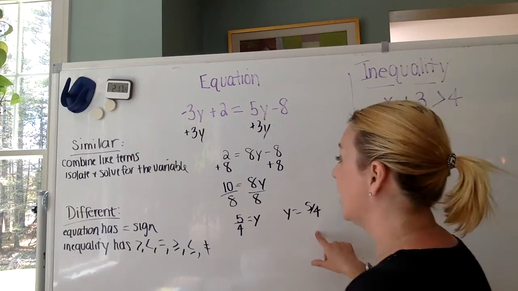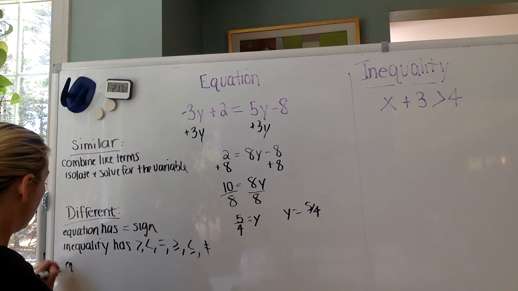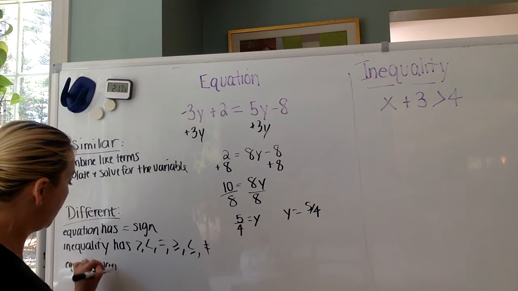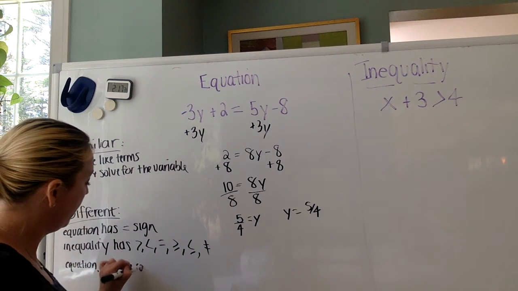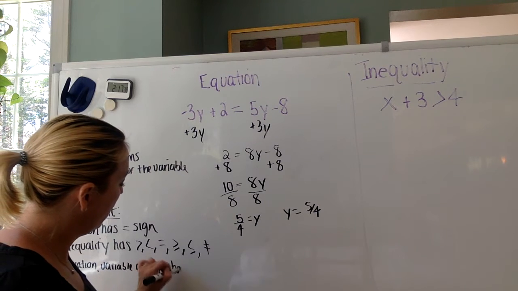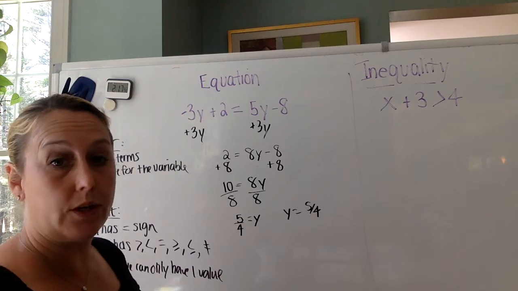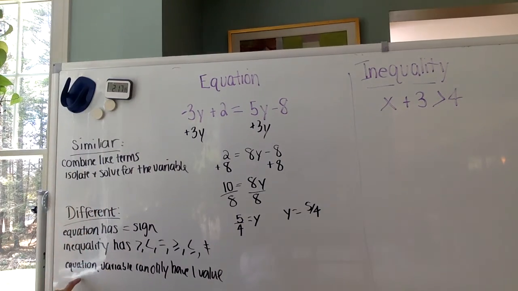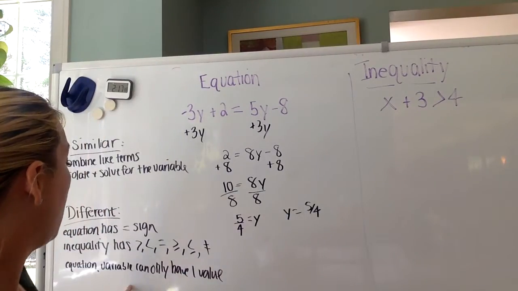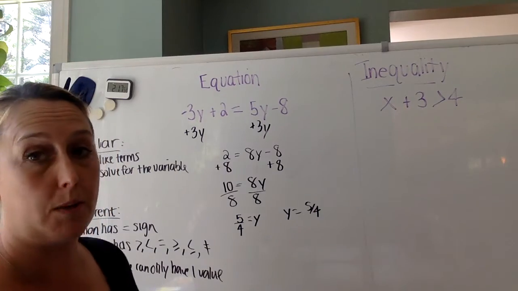So in an equation, the variable can only have one value for the equation to be true. That is a way that they're different. It can only have one value to be plugged in or substituted and make this true.